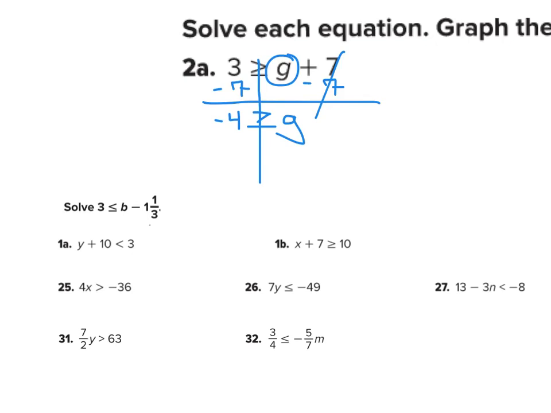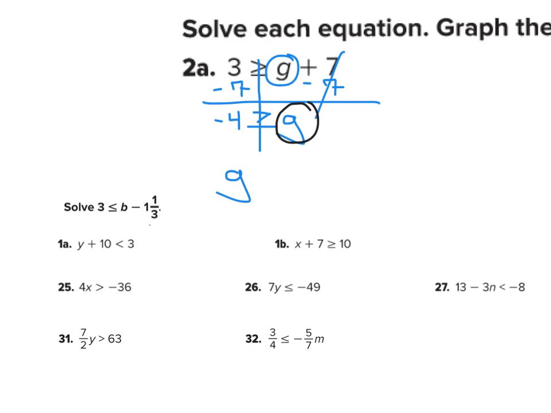One thing you need to get in the habit of is writing an inequality with your variable on the left. In this problem, my variable is on the right. I want to write my variable first because that's the easiest way to read an inequality. So I'm going to rewrite my answer with g first.